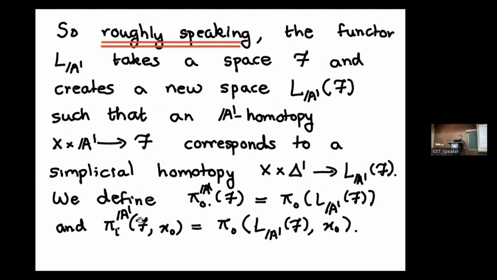Roughly speaking, and I have deliberately underlined this twice because there is a lot of stuff to be filled in there, but this is the intuition: what L A1 does is that it takes a space F and creates a new space out of it, such that the A1 homotopy X cross A1 to F corresponds to a simplicial homotopy, X cross delta 1 into L A1 of F. So this is actually what it is.